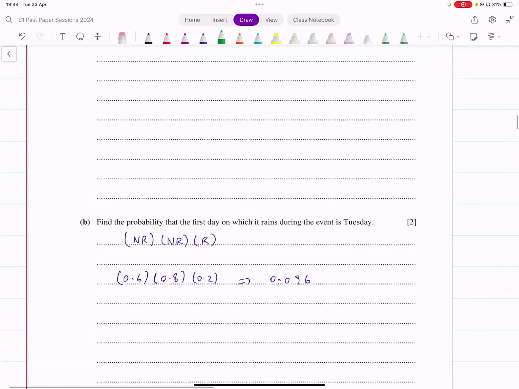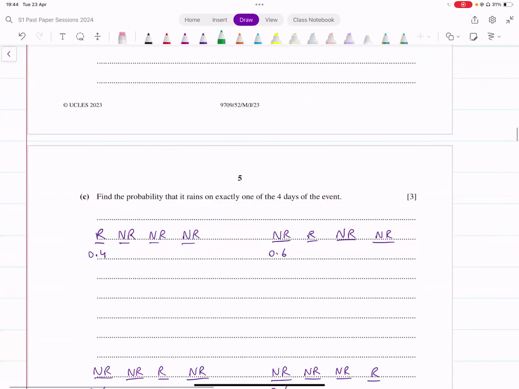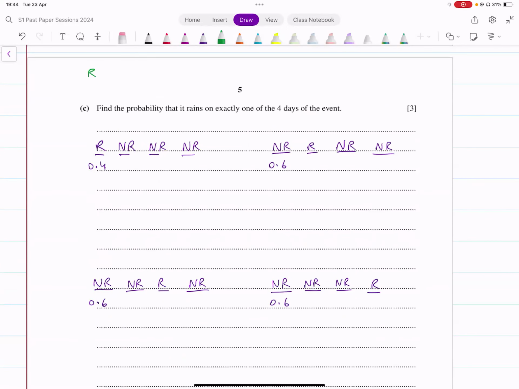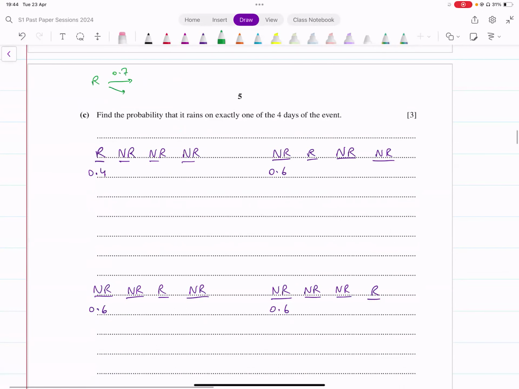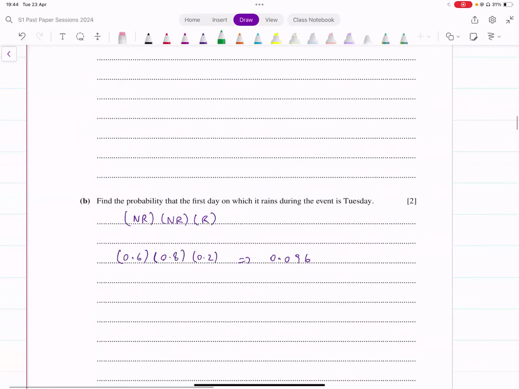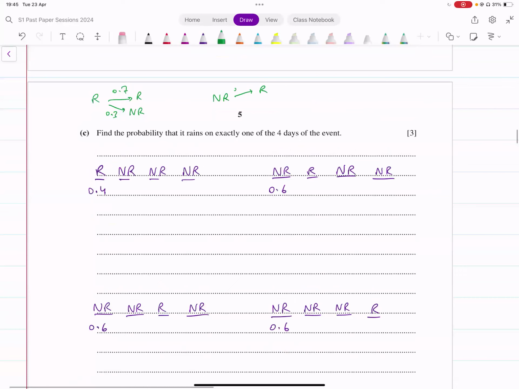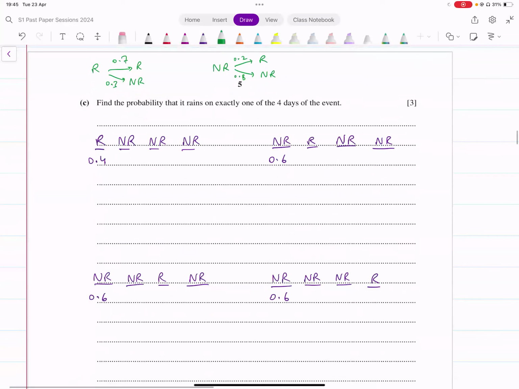If it rained the previous day, the probability of raining the next day would be 0.7, and probability of not raining would be 0.3. And if it did not rain the previous day, the probability of raining the next day would be 0.2, and the probability of not raining the next day would be 0.8. So keep those conditions in mind.